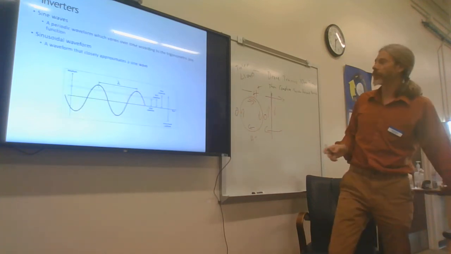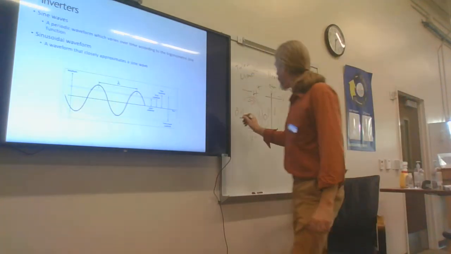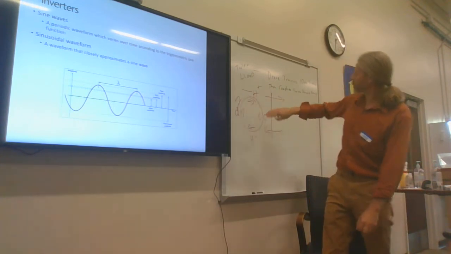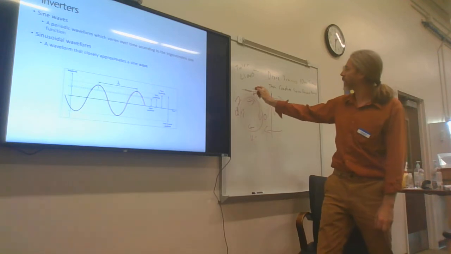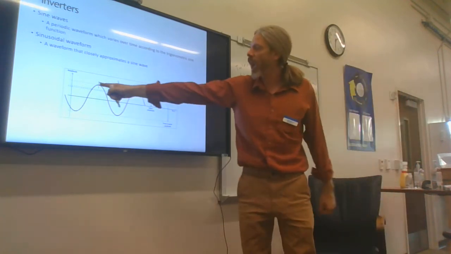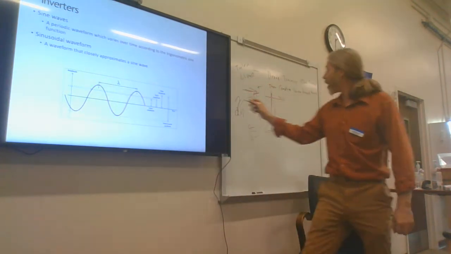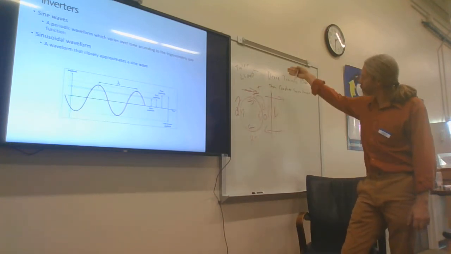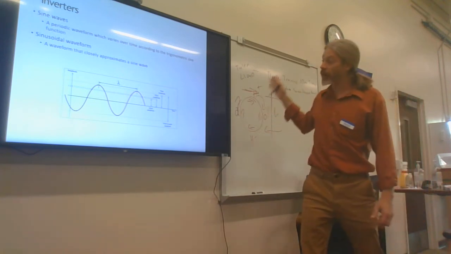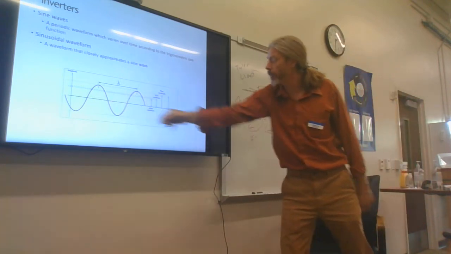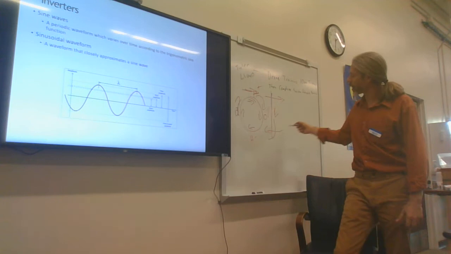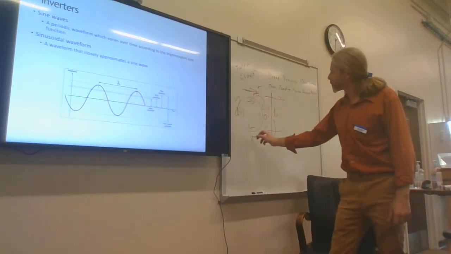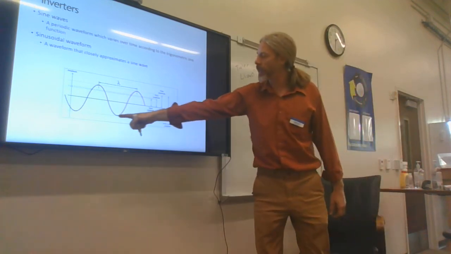So I start out with 0, moving in this direction. As I go around, I start to cut this more and more, and by the time I cut it perpendicularly, I am at my peak voltage. Now I begin to go down, and eventually I'm parallel to it, back to 0. Now I slowly begin to turn the opposite direction, into negative voltage, and I reach my negative peak.